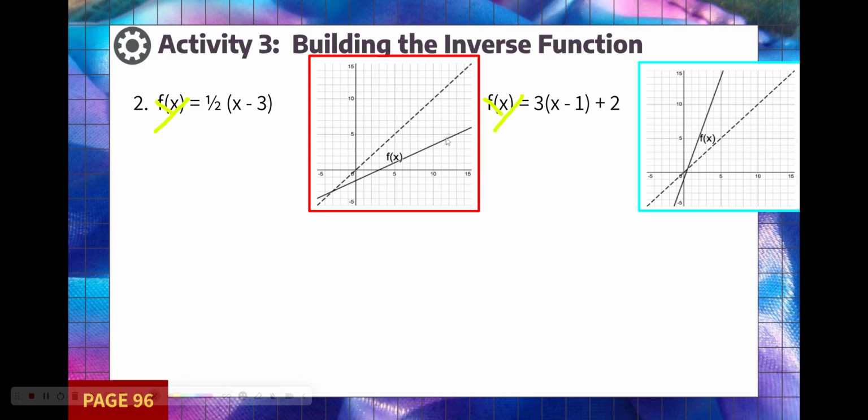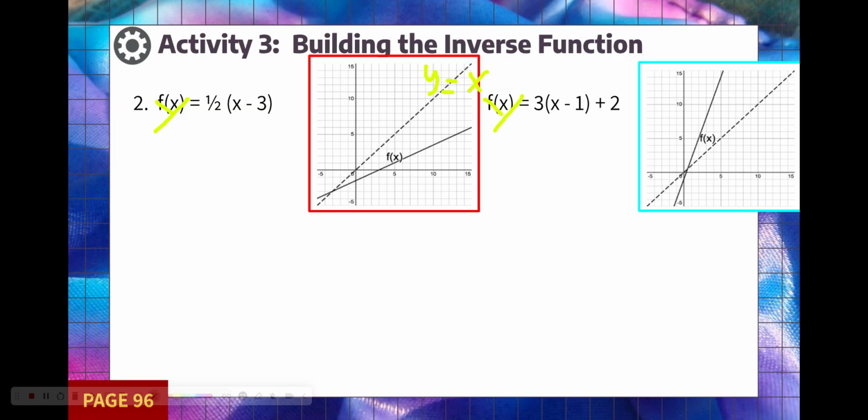This one is your f of x. Now, this dotted line right here, intersecting the center, the point of origin, will be your line of symmetry. So this is y equals x. That's where the mirror will happen.